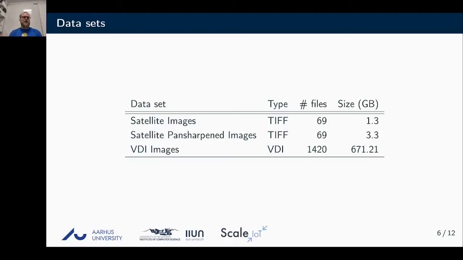And then we have some VDI images, and for those of you who don't know what that is, virtual machine images for VirtualBox, and we split them into 512 megabyte chunks, with a few that remain a bit smaller than that, and in total 420 files and a total of 671.21 gigabytes of data. So a bit of variety in the dataset.